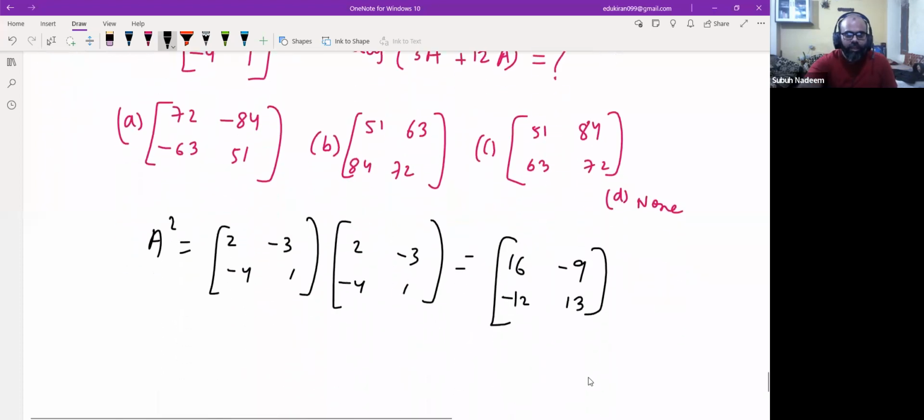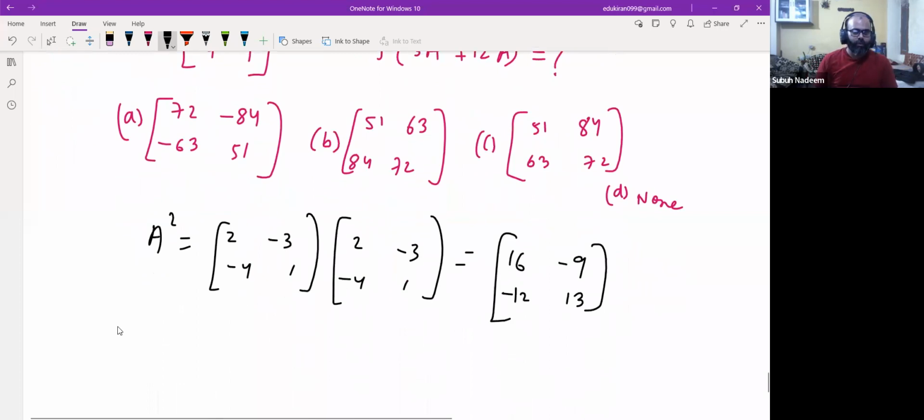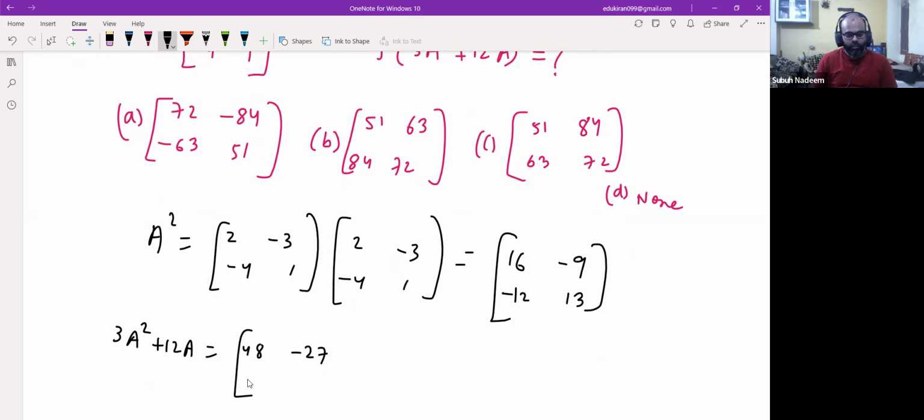And then they are saying 3A square plus 12A. So for 3A square, you will multiply this with 3, this will be 48, this will be -27, this will be -36, and this will be 39. And 12A, you will multiply A with 12, so it will become 24, -36, -48 and 12.